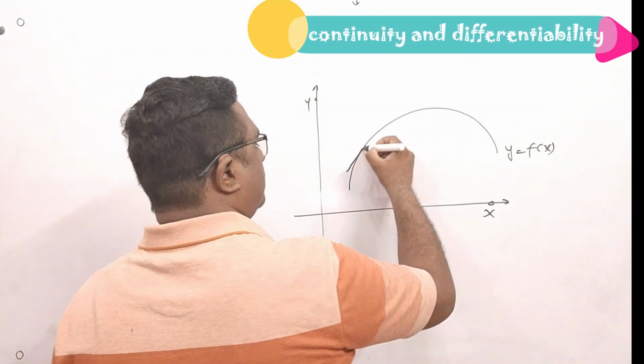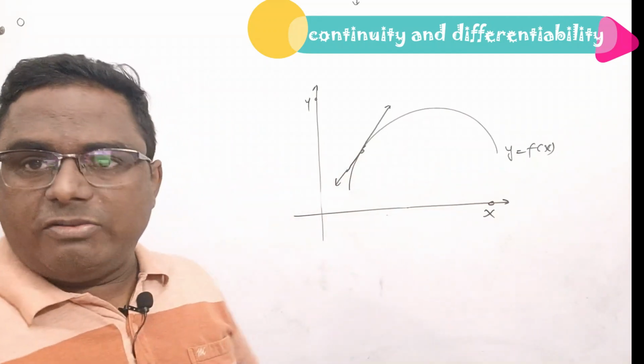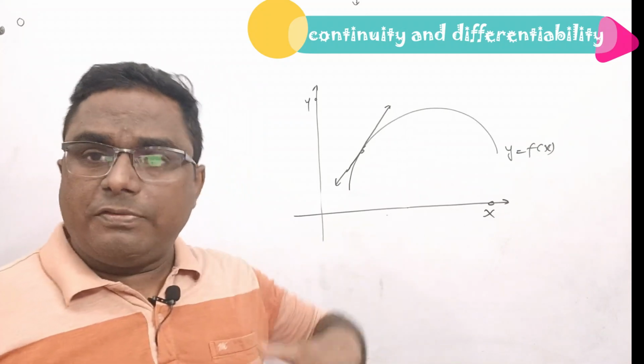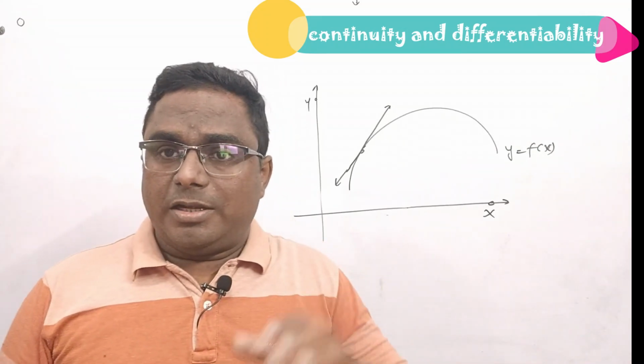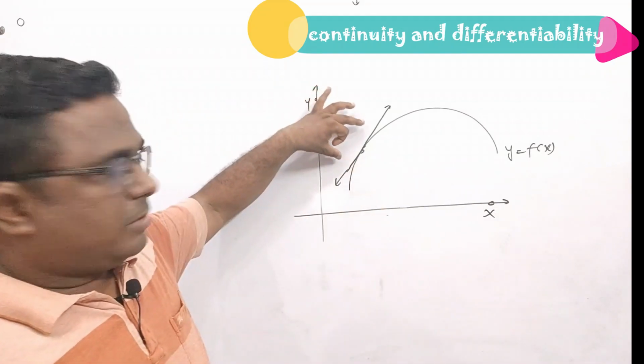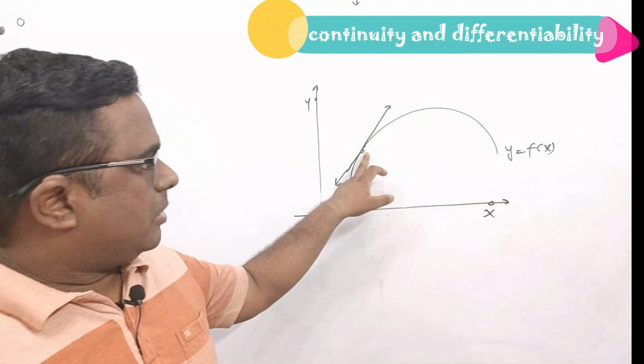You can draw the tangent like this. Tangent means a line which touches the curve at a single point. If it is intersecting the curve at 2 points, then we call it a secant. So here this line is tangent to this curve at this point.